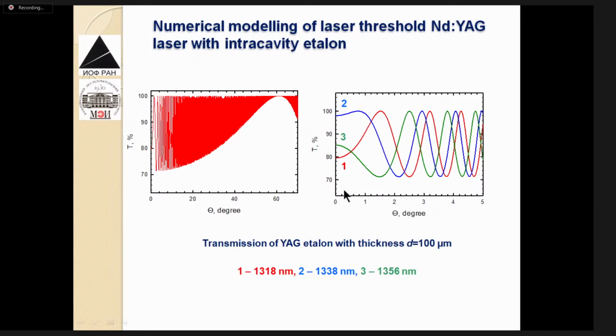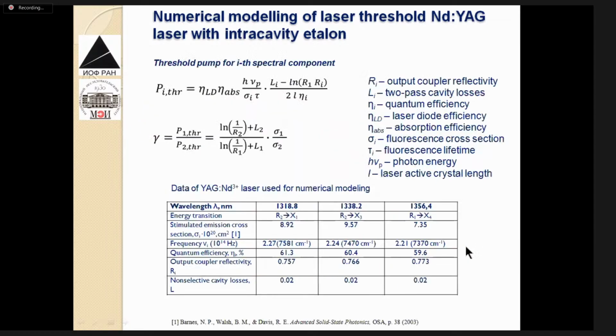If we consider the selectivity of our etalon, at small angles there are these red, green, and blue curves. They show the transmission of the etalon for different wavelengths. You can see that it varies very strongly, and it depends on the wavelength very strongly.